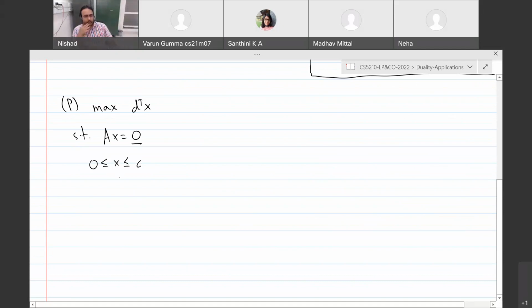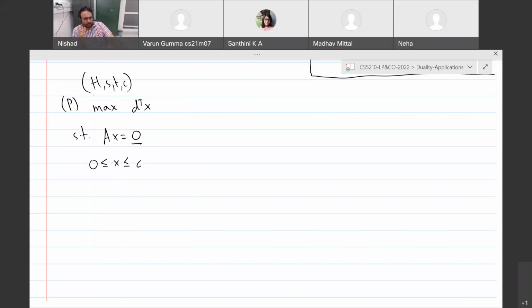Let me just remind you what things are. For every arc, you need to figure out what is the X value. So we have an X variable for each arc in the digraph, right? And the matrix A was the vertex arc incidence matrix.